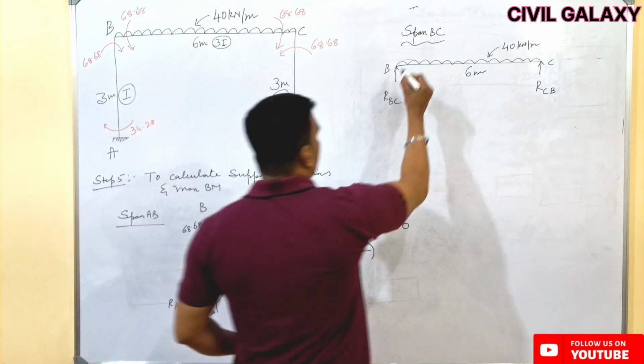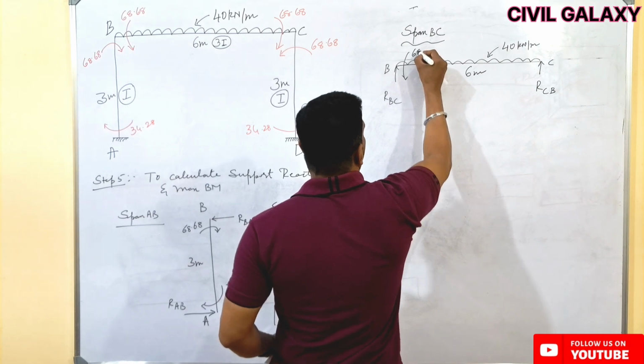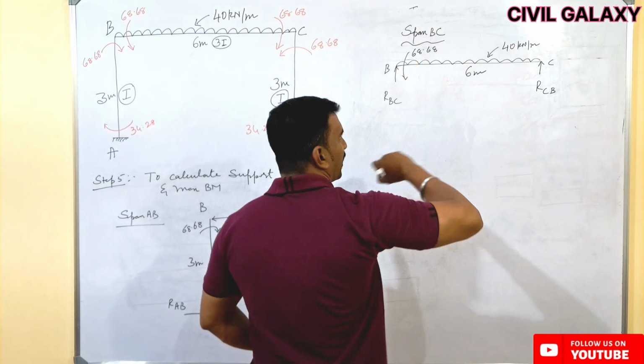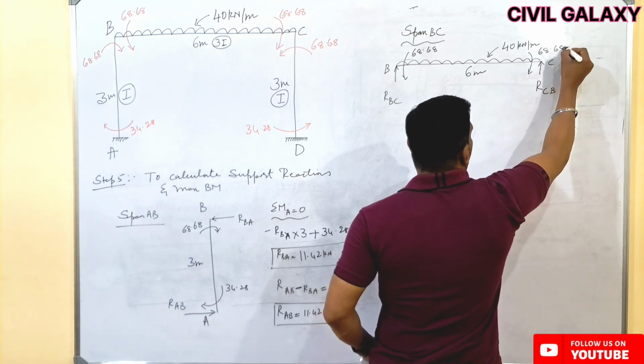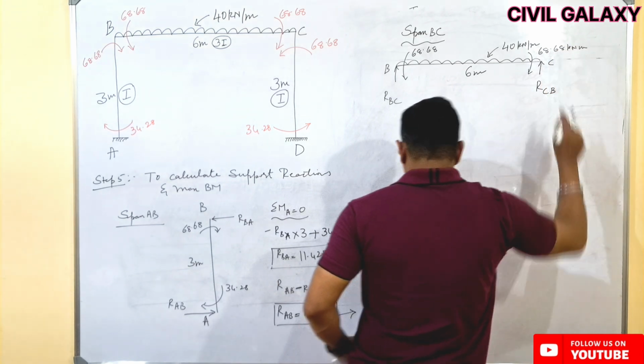Here I have an anti-clockwise moment that is 68.68 kilonewton meters, and here it is positive 68.68 kilonewton meters.